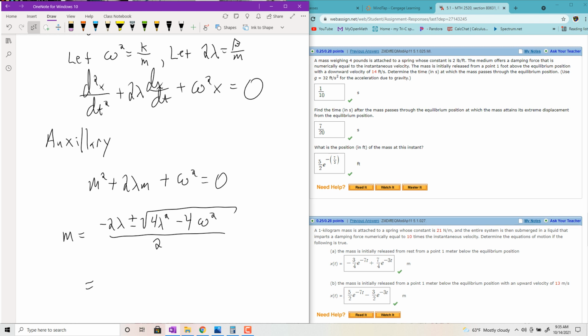So I want to simplify this. Negative 2 lambda plus or minus, I can factor the 4 out, and then the square root of 4 is just 2. It's the square root of lambda squared minus omega squared. It's all over 2. Simplifying, I'm going to get negative lambda plus or minus the square root of lambda squared minus omega squared.